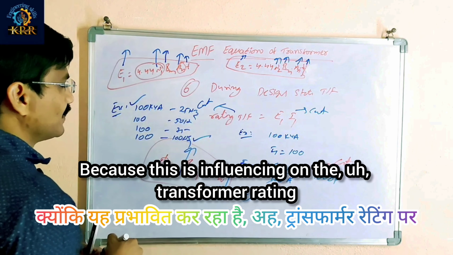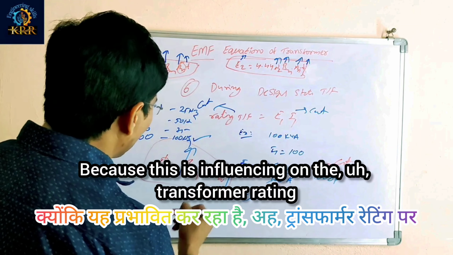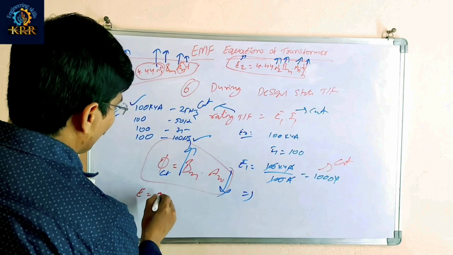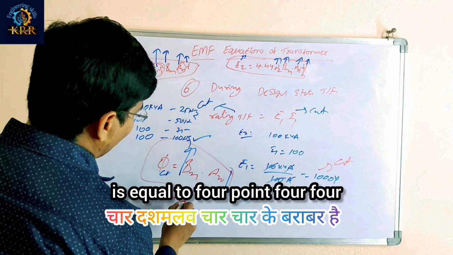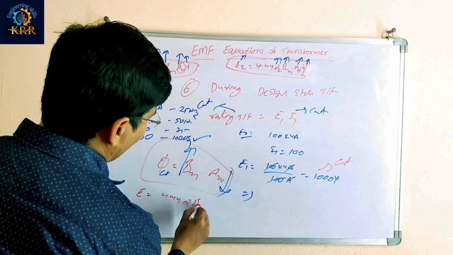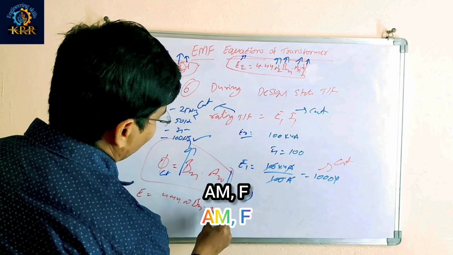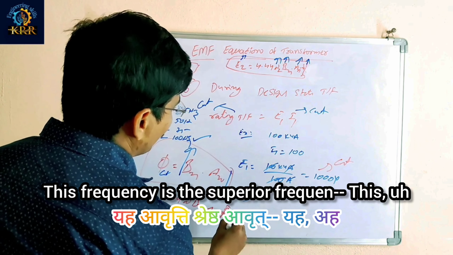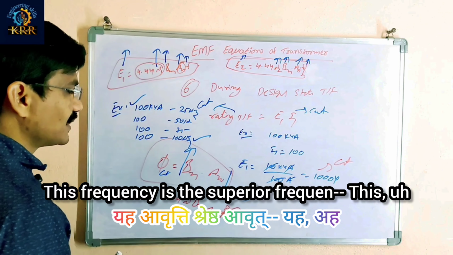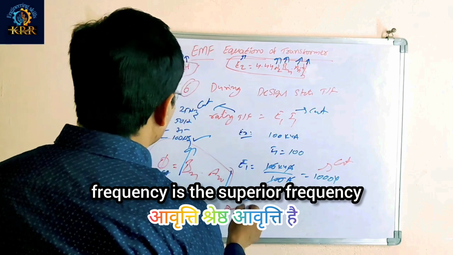Why? Because this is influencing the transformer rating, which is equal to 4.44 number of turns Bm An F. This frequency is the superior frequency.